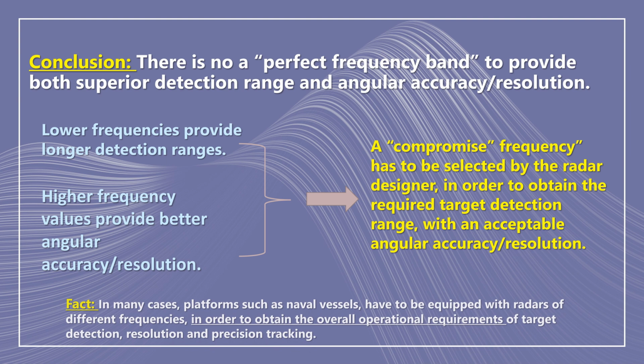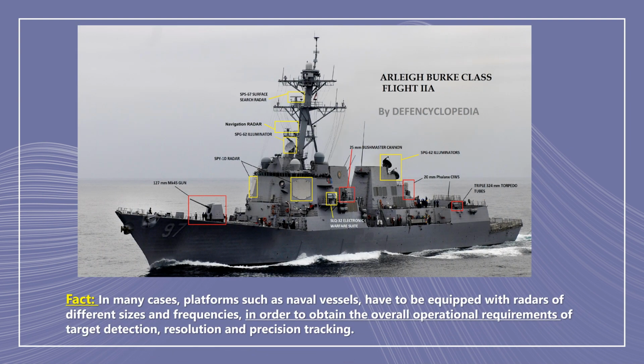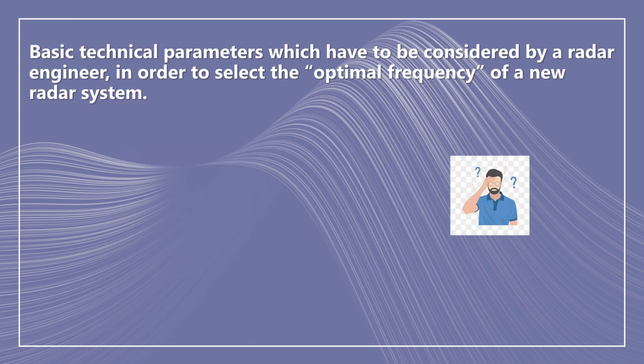A compromise frequency has to be selected by the radar designer in order to obtain the required target detection range with an acceptable angular accuracy and resolution. The fact is that in many cases, platforms such as naval vessels have to be equipped with radars of different sizes and frequencies in order to obtain the overall operational requirements of target detection, resolution, and precision tracking.